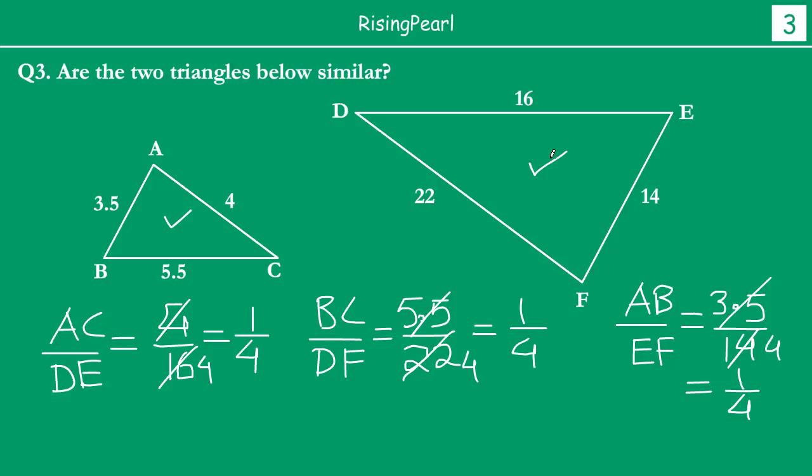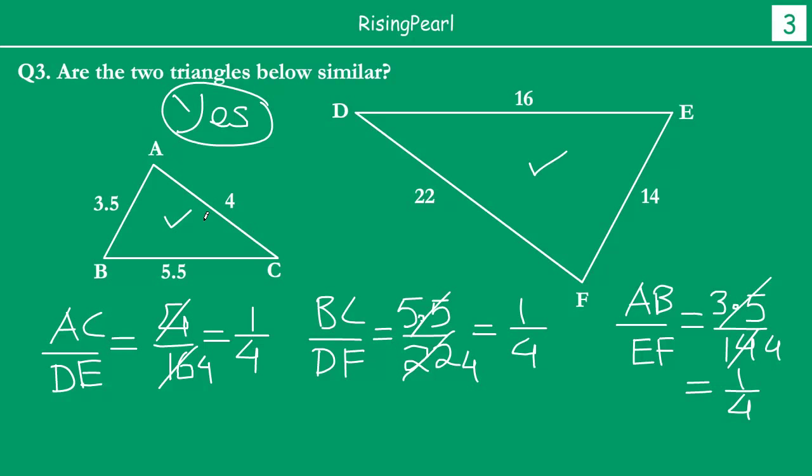Now, it is tricky to find out which angles are equal to what. So the answer to the question, are these two triangles similar? Answer is yes. They are similar triangles. But again, let's try to find out which angles are equal to which angles. So AC by DE, which is the angle corresponding to side AC in the small triangle?